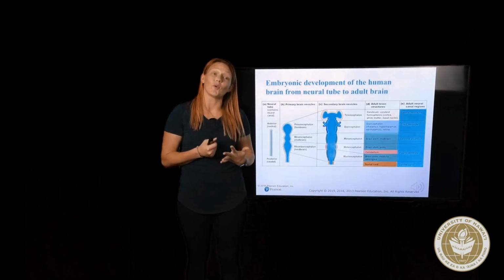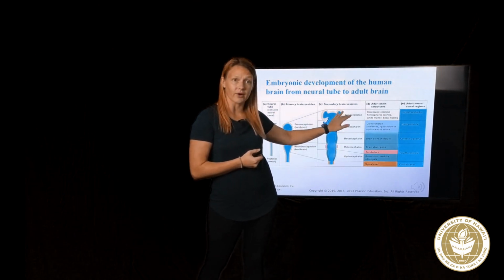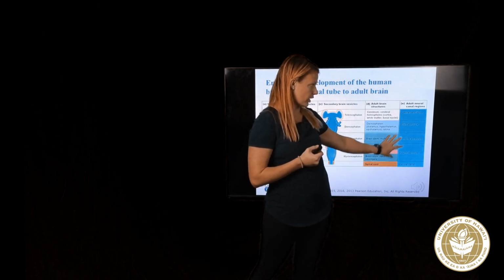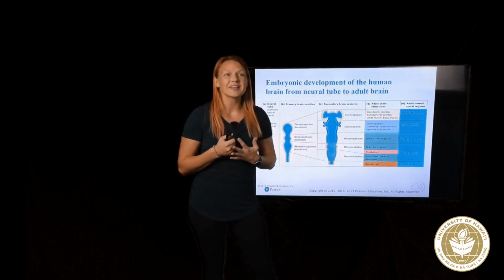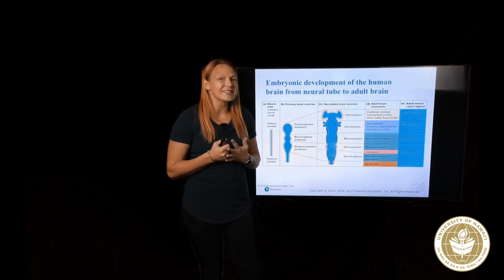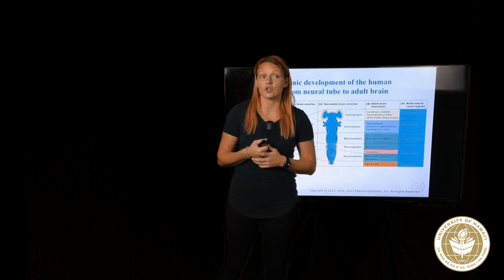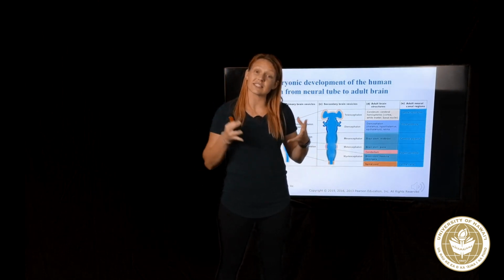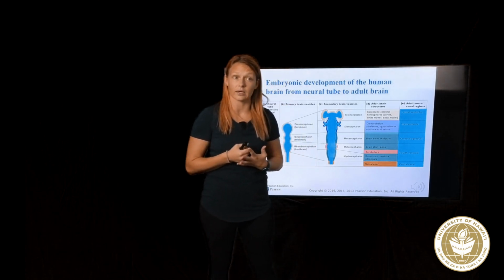What's really cool is that those secondary brain vesicles that we just talked about are going to develop into these adult brain structures and adult neural canal regions as well. So the Mickey Mouse ears, that telencephalon right here, is going to give rise to the two cerebral hemispheres that together make up our cerebrum, which is basically the largest part of your brain.